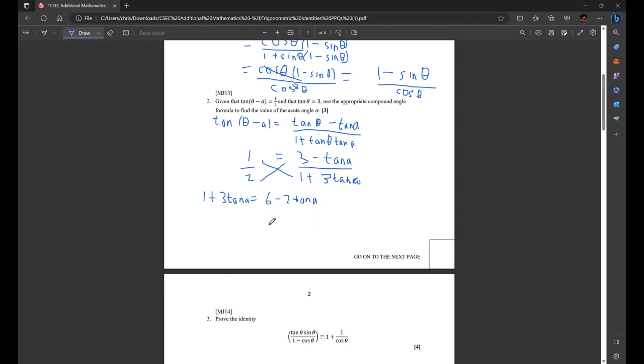Okay, so from here we can transpose again, move like terms to one side and group them. So we're going to group the tan A's on one side. If you move the negative 2 here, it becomes a positive 2, so you're going to have 5 tan A. And if you move the 1 to the right hand side, it's going to be 6 minus 1, which gives you 5 by itself.